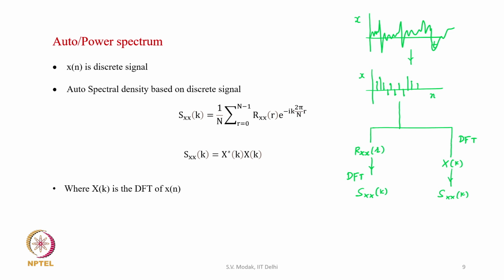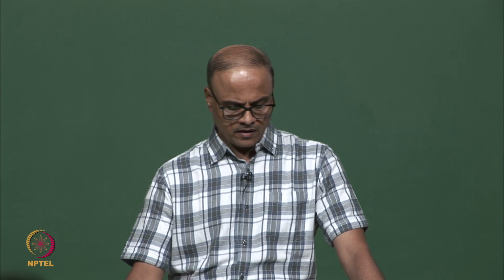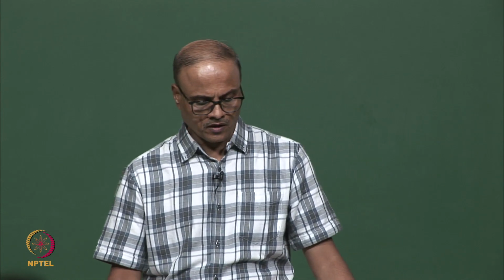Either process can be used, but generally we follow the latter process, in which we directly find the DFT of the signal and then find the auto spectrum by this relationship. Therefore, the auto spectrum is a discrete, sampled version of the auto spectral density. That way they are related.